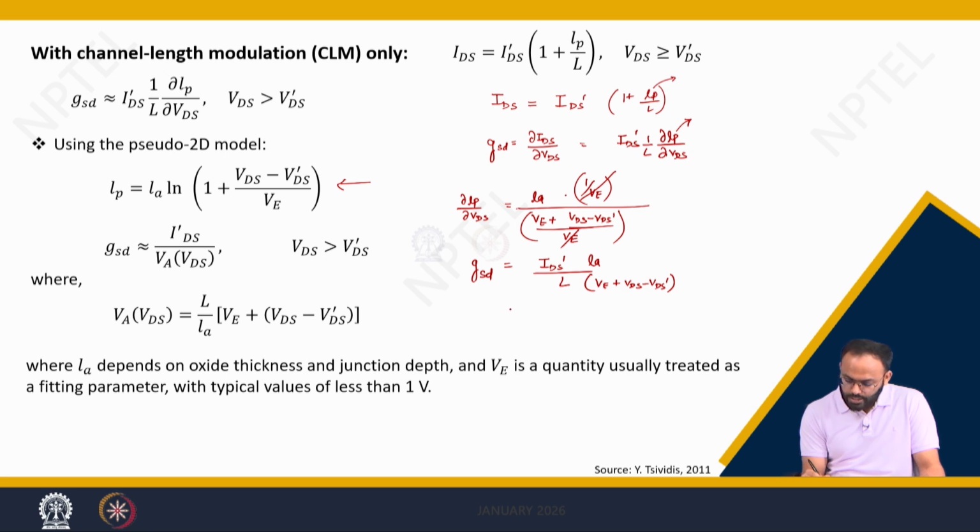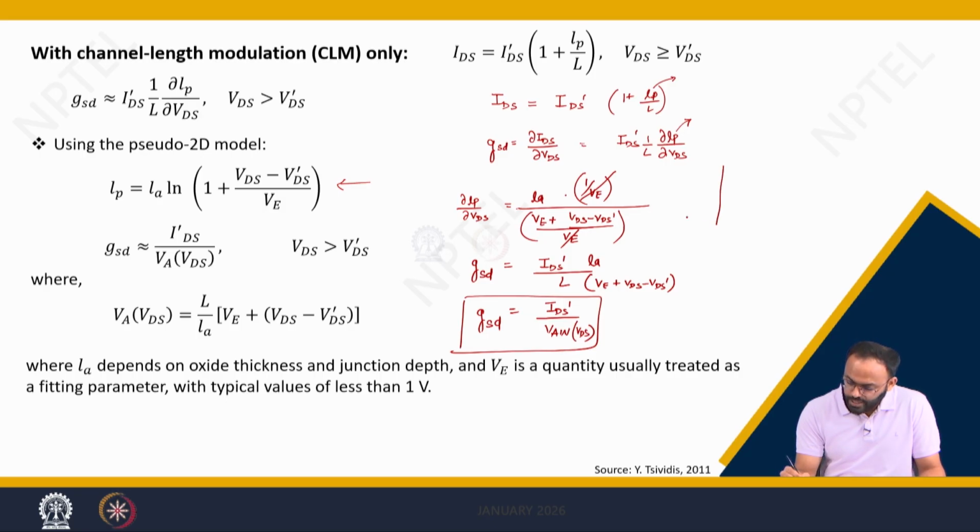This factor is defined as VAW. So, IDS dash divided by VAW, where VAW is a function of VDS, which is the early voltage. When we were defining the early voltage, we said you take the output characteristic, extrapolate, and this value between IDS and VDS is the early voltage.